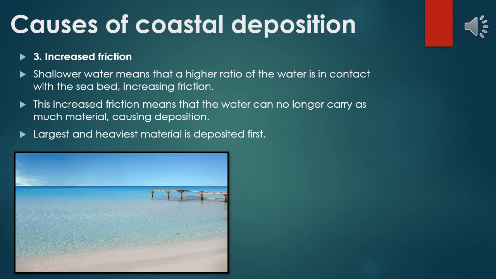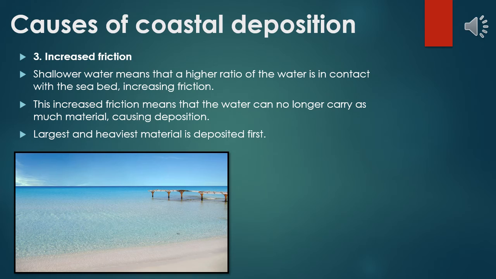And if you think about things that are happening, it could be maybe some tectonic activity raises the seabed, means there's less water on top of it, which will increase friction. This is really for shallow seas, so shallow waters, because a higher percentage of the water is actually in contact with the seabed, so it's going to be more friction.